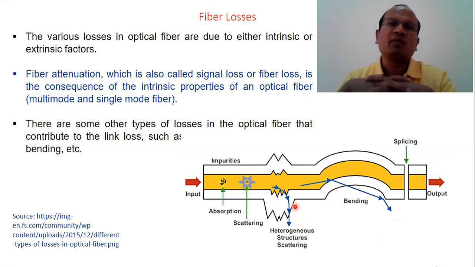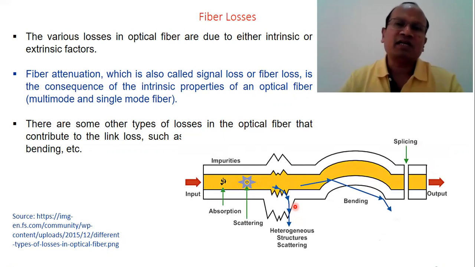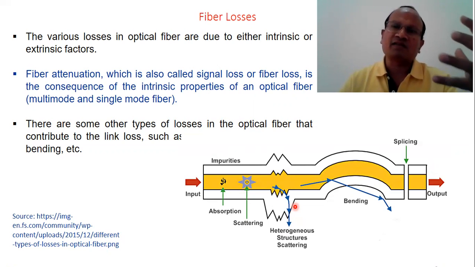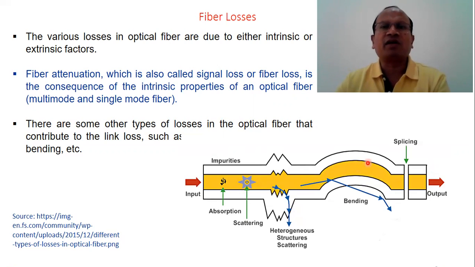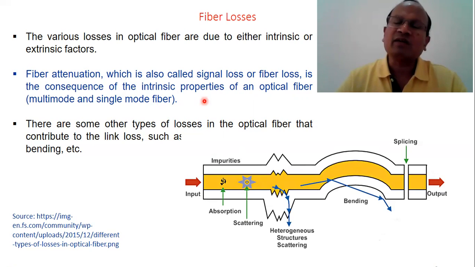And we know that in previous lectures we have seen that based on what factor is responsible, we call the losses intrinsic or extrinsic. So various losses in optical fiber are due to either intrinsic or extrinsic factors. Fiber attenuation, which is also called signal loss or fiber loss, is a consequence of intrinsic properties of optical fiber.